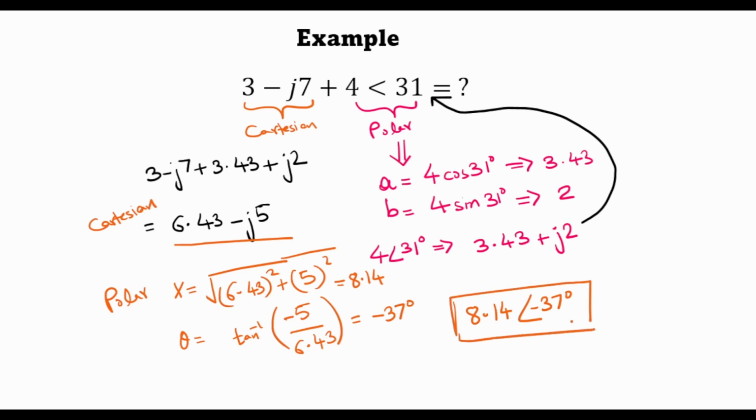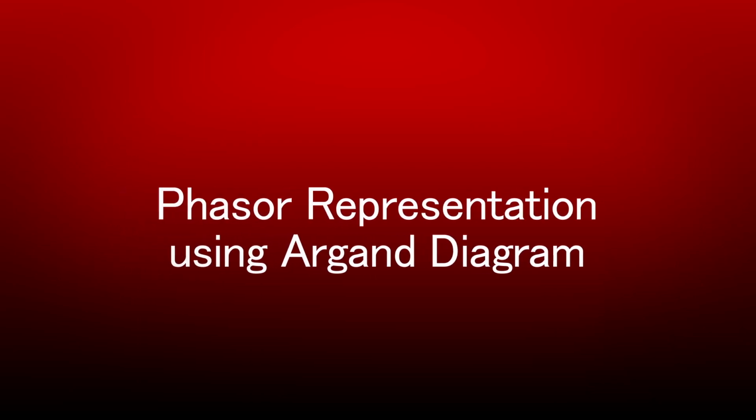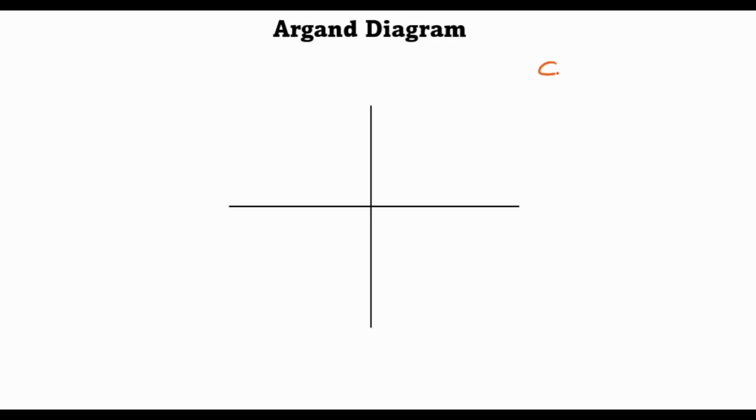Now let's see how we can represent this solution with the help of phasors on an Argand diagram. Now we saw our solutions in the Cartesian domain as 6.43 minus j5 and in the polar form as 8.14 angle minus 37 degrees.